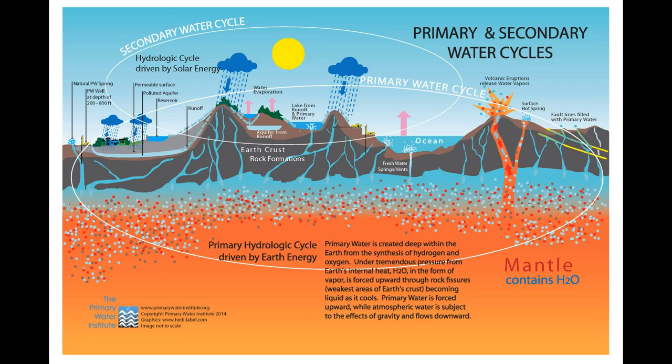the primary water cycle implies or expresses specifically that all water originates in the mantle in the first place. That is the water cycle that existed even before there was an atmosphere, even before water could be precipitated from the atmosphere, because we didn't have any atmosphere.